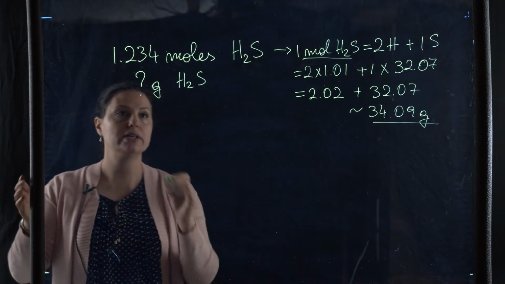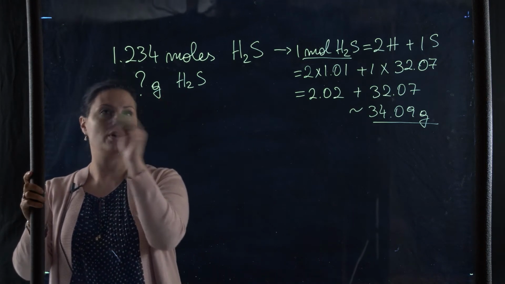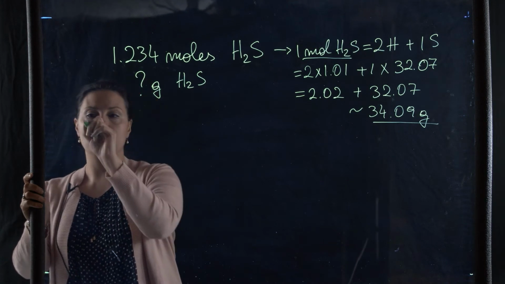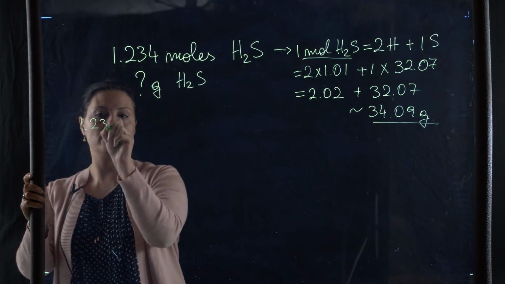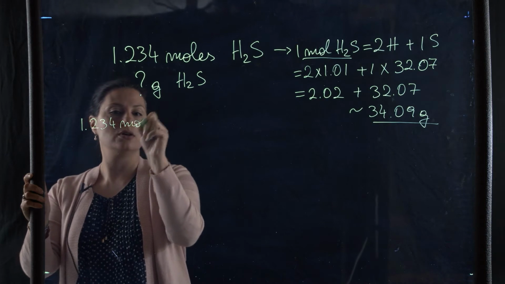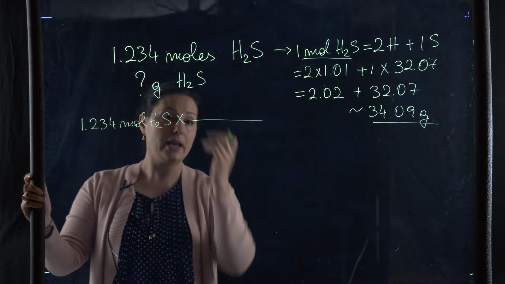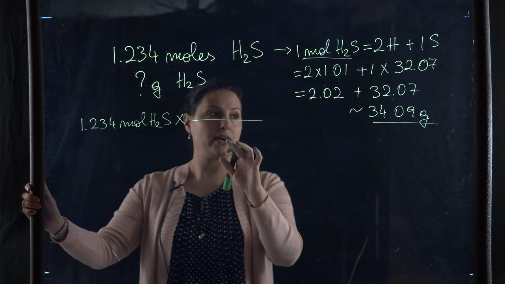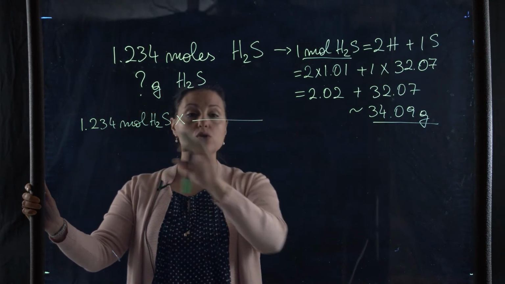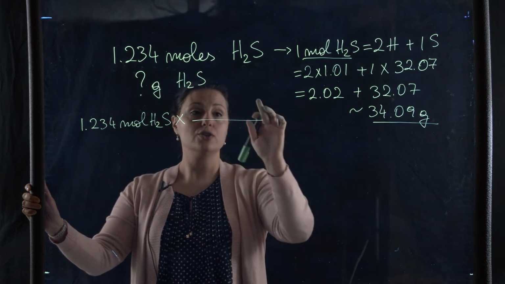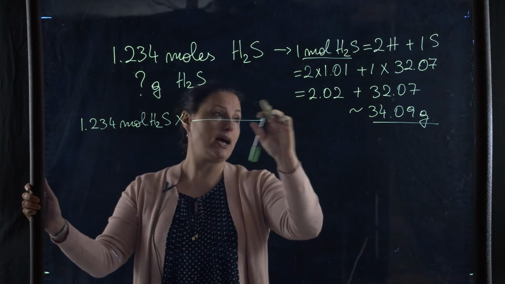So let's do it the first way that I showed, or let's do it both ways. We start first with the amount we're given, so 1.234 moles of H2S. Then I write my conversion factor in such a way that my moles cancel, so they go on the bottom, and I want grams on top.